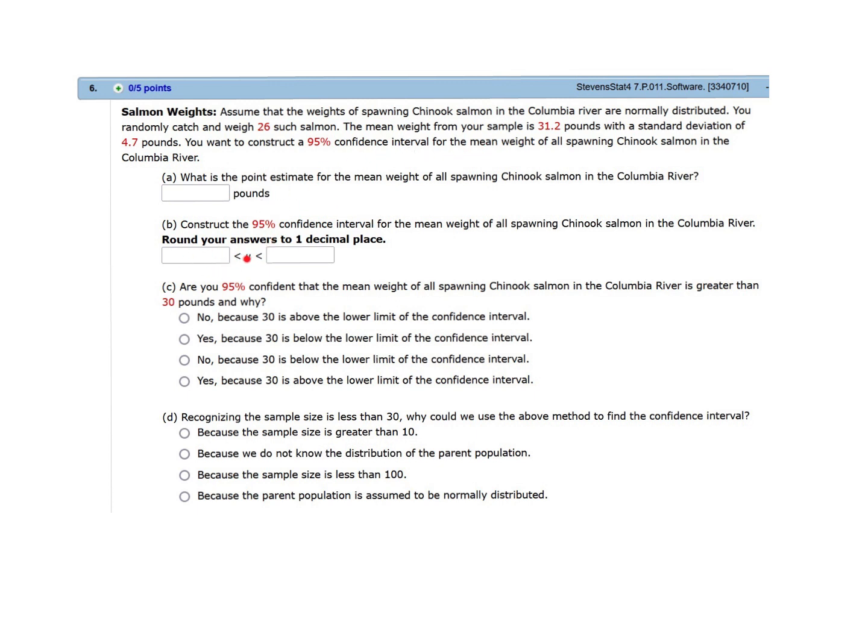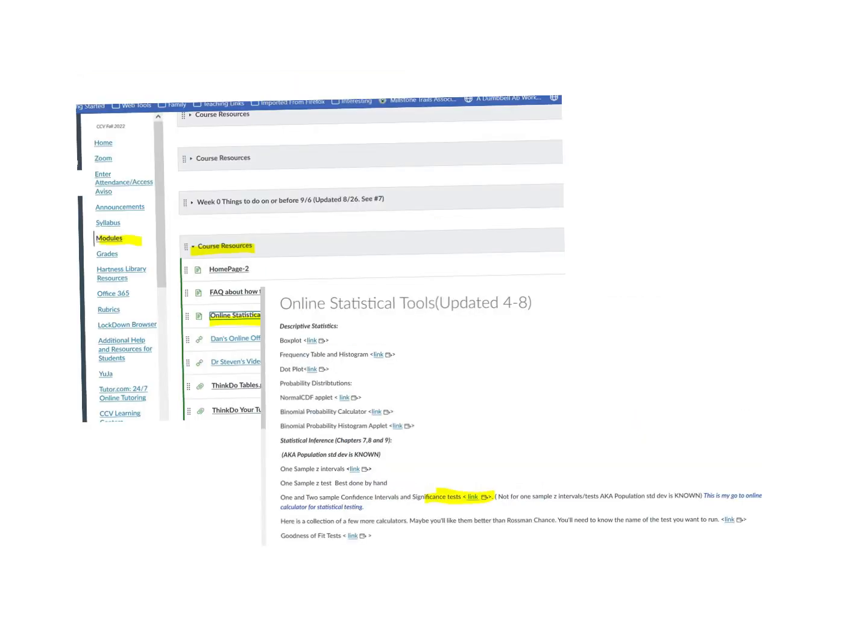Now to come up with the interval, like I said, that other video walks you through all the how-to, the nitty-gritty of the tables. I'm going to focus on the Rossman Chance applet for this. How do we find the Rossman Chance applet? Well, in Canvas, if you click on modules and click on course resources, and then this online statistical tools page pops up, and this is the one that'll work for t-tests, t-intervals, t-tests next week, and proportions.